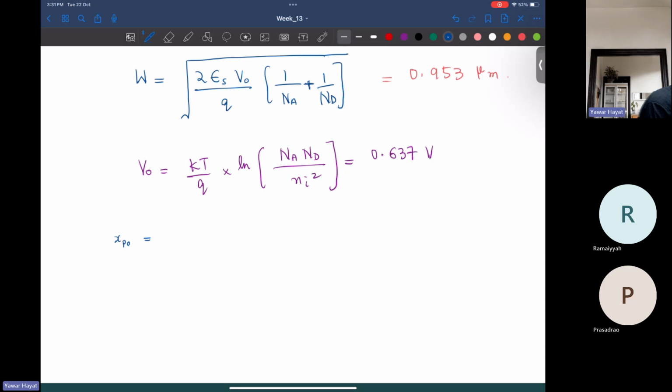Your xp naught is W Nd divided by Na plus Nd, right? If you put in the values, what will you obtain for xp0?